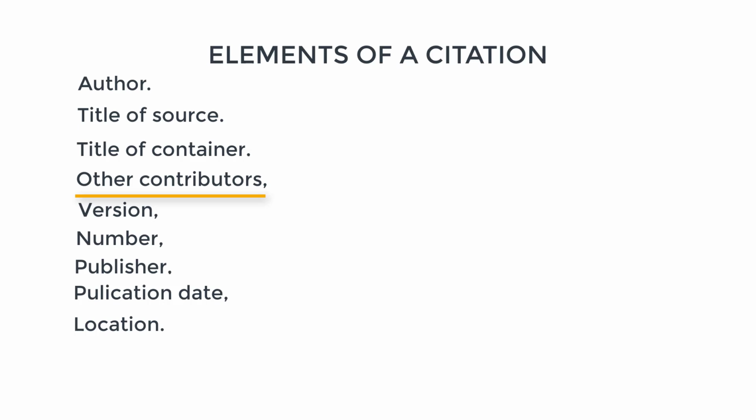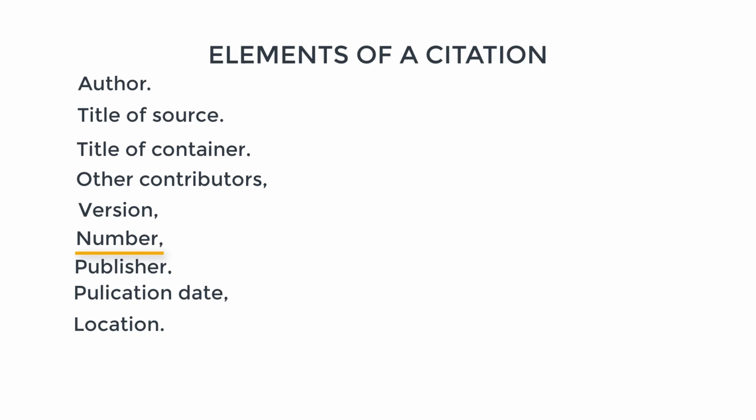Other contributors can refer to editors, illustrators, translators, or anyone else who contributed to the source who should be credited. Following that, version is used when citing a specific edition or version of a work. Number could refer to a volume number of a book or a volume and issue number of a journal.